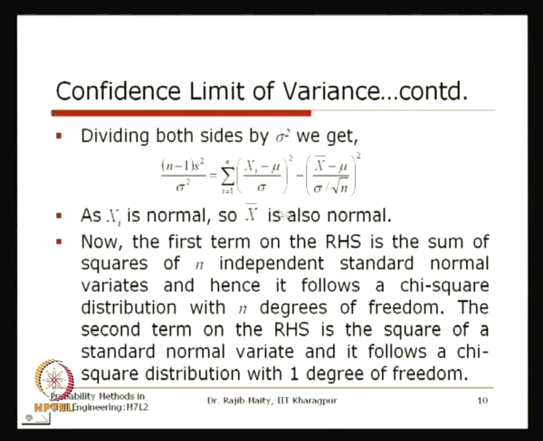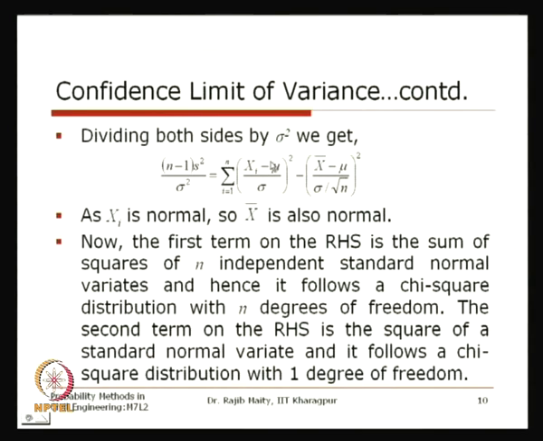Now, if we see the right hand side of this expression, there are two components. What is the first term? The first term is the sum of the squares of n independent standard normal variates. xi is normally distributed with mean mu and standard deviation sigma, so (xi minus mu) by sigma is a standard normal variate, and we square and sum n such variates.